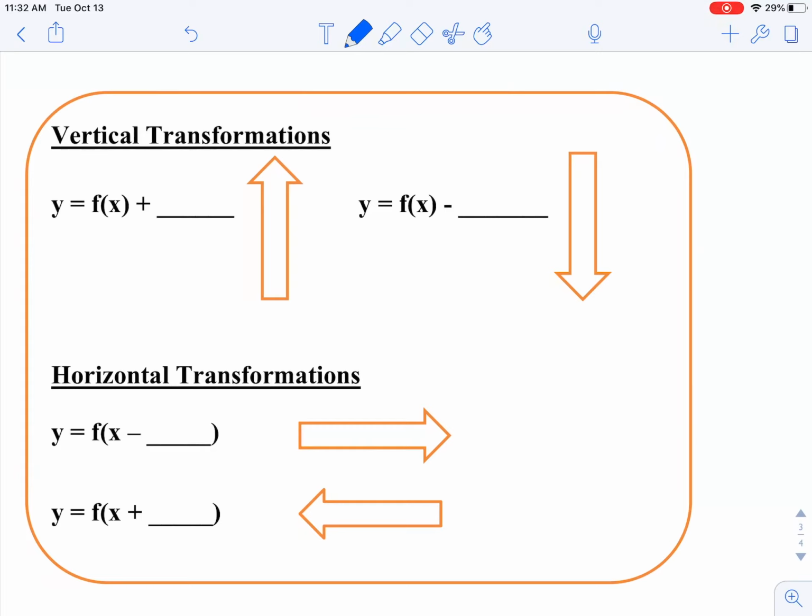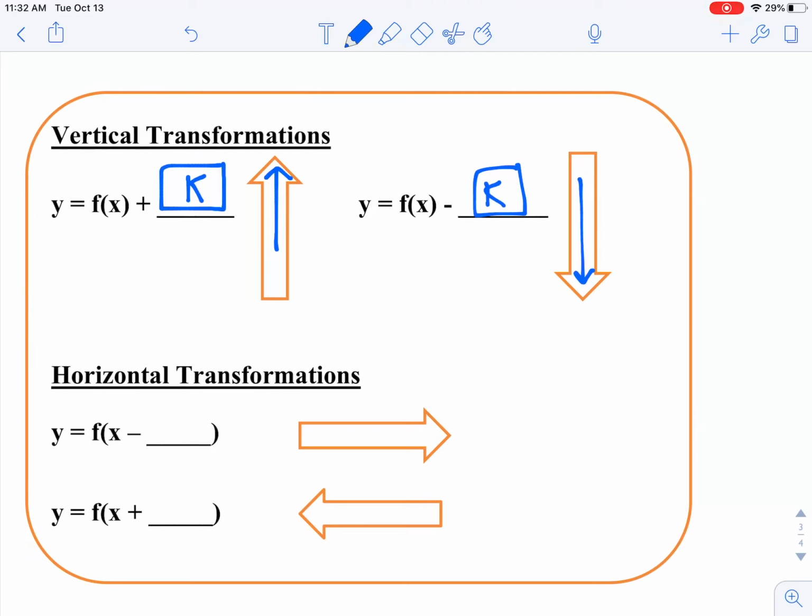So if we have, as a cheat, y equals f of x plus, right? And we can use the variable k just as a filler here. So if it's plus k, that means that my transformation is up. And if it is minus k, that means my transformation is going to be down.